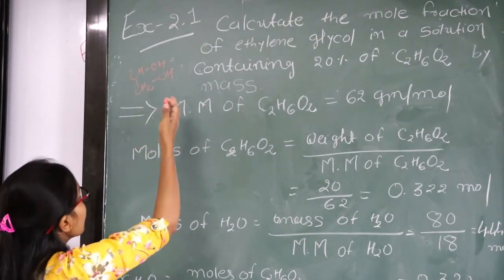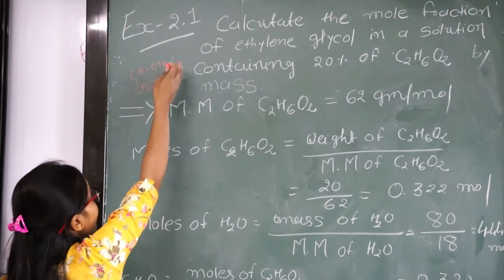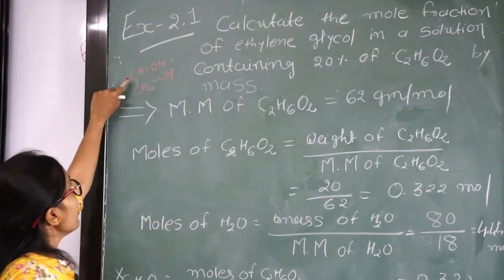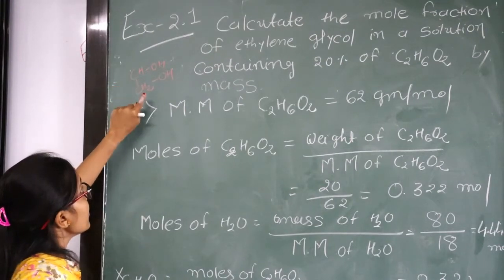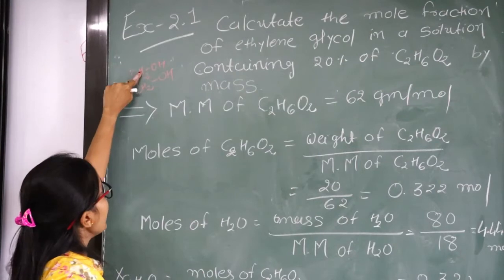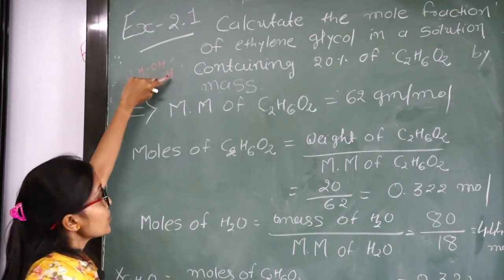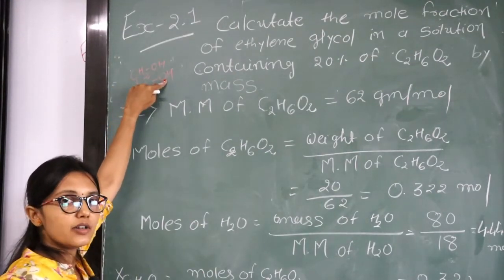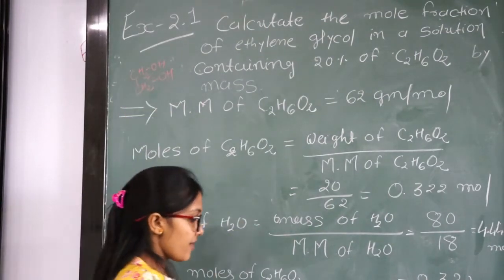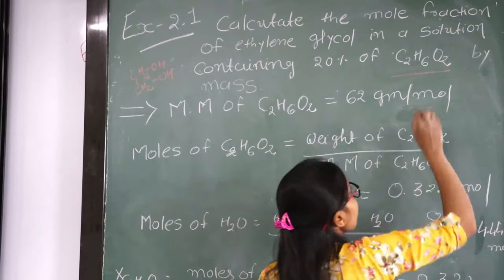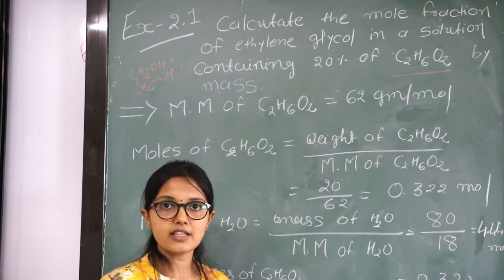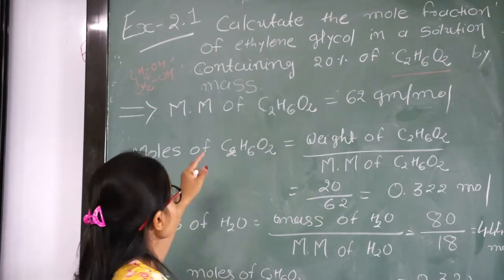Either you can write it in linear position, and its molecular formula is C2H4, and this 2H means in total 4 plus 2 is equal to 6, O2. That's why it is given as C2H6O2, known as ethylene glycol, ethane-1,2-diol.